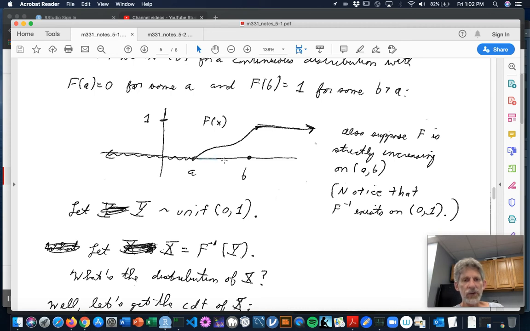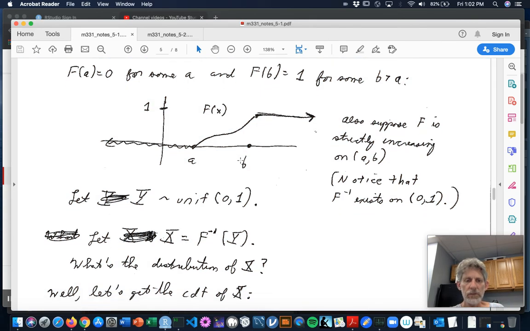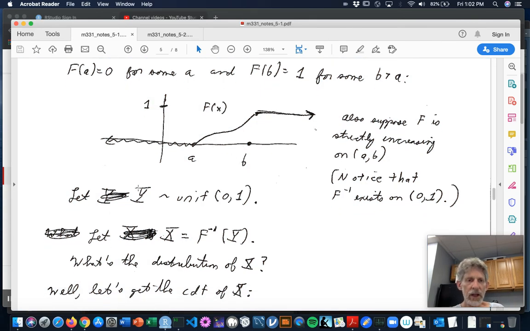If you just restrict your domain to be between a and b, then your F values would be between 0 and 1, and you have a one-to-one function there. The inverse would have a domain from 0 to 1, and it would take things back to numbers between a and b. So the inverse totally exists, just saying that. Okay.